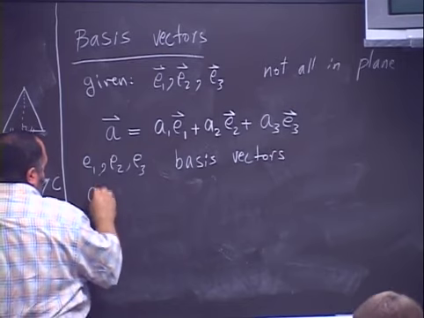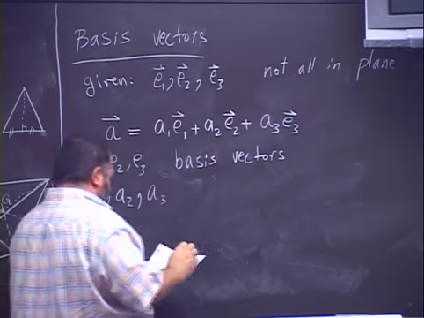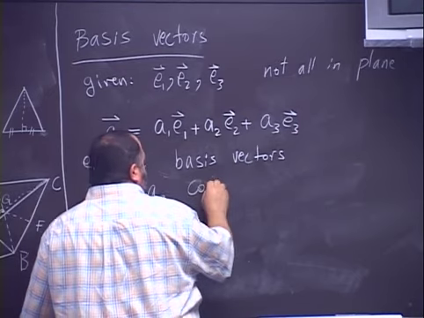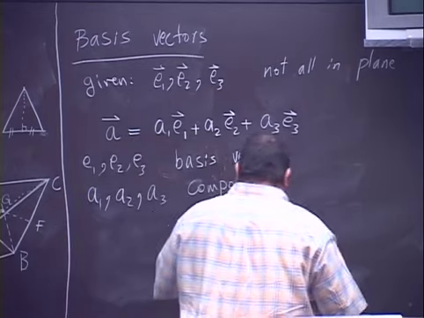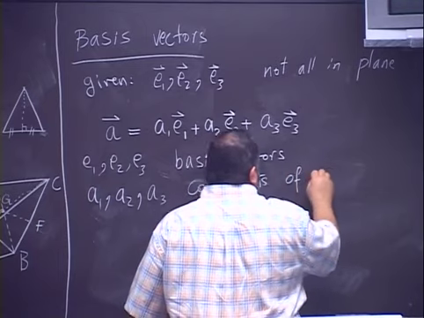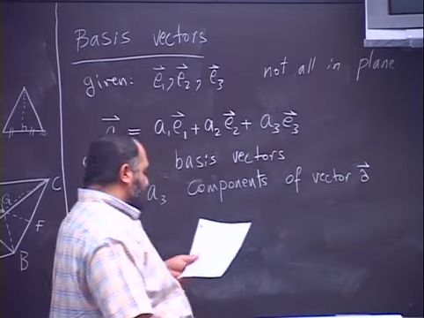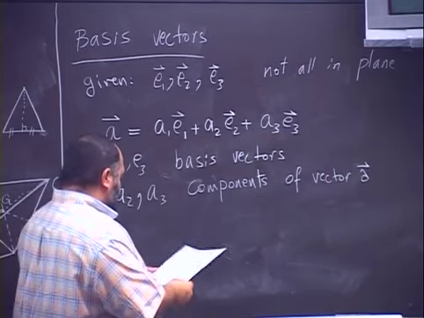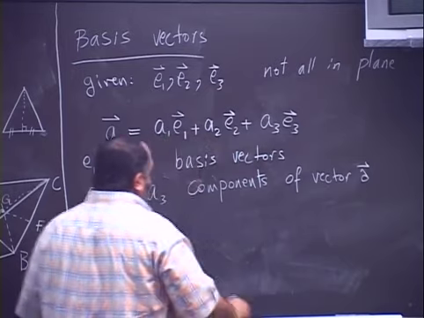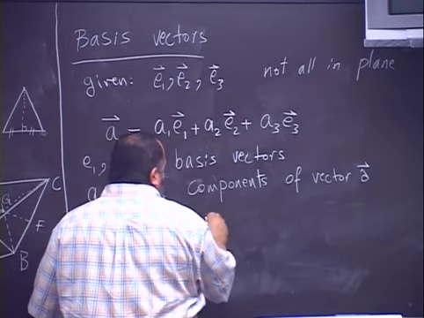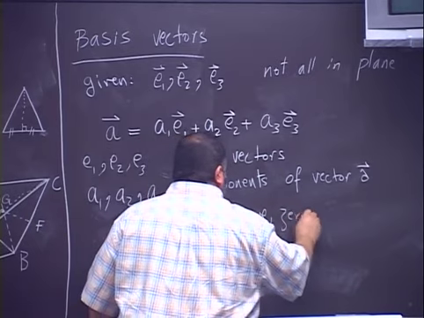And A1, A2, and A3 are just the components of vector A with respect to the three basis vectors, and those three components might be positive or negative or zero.